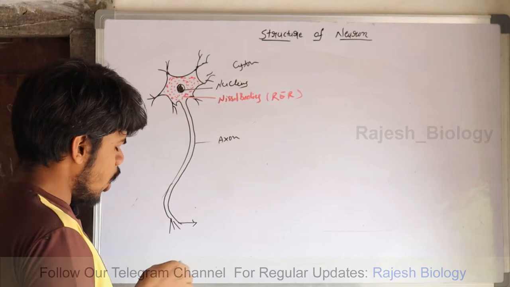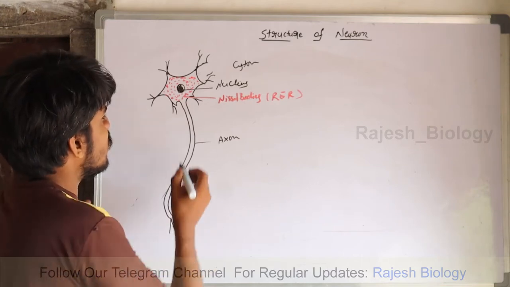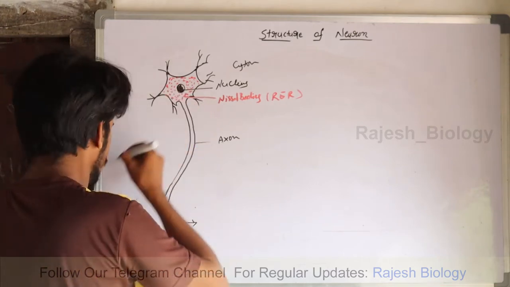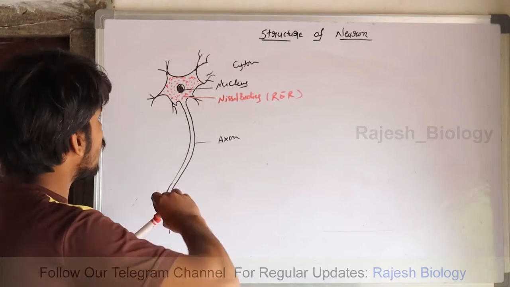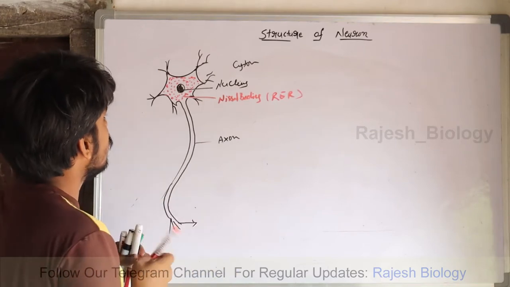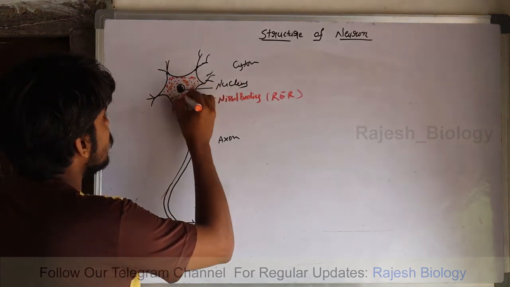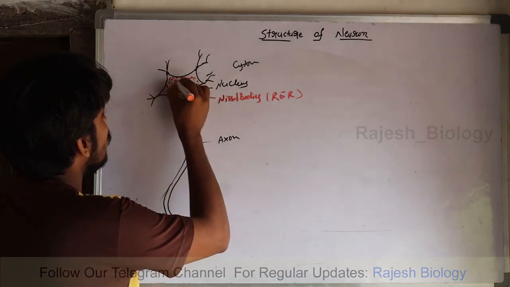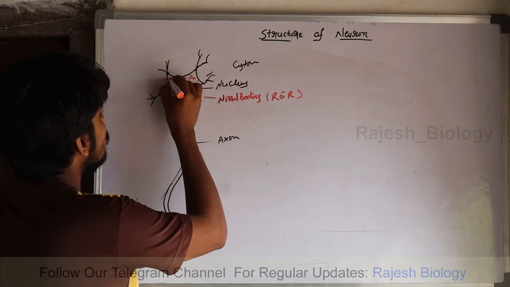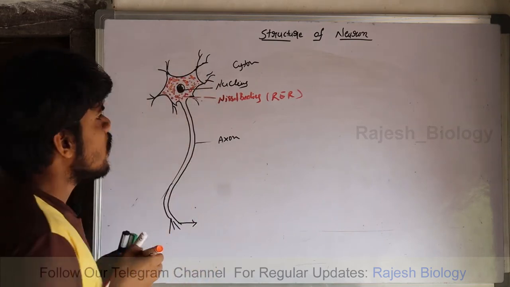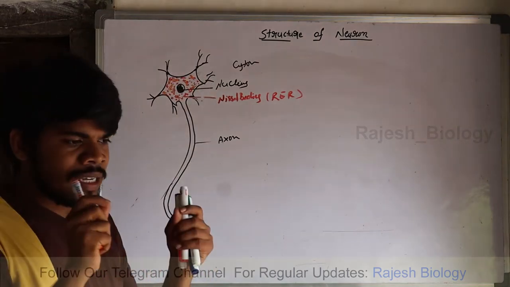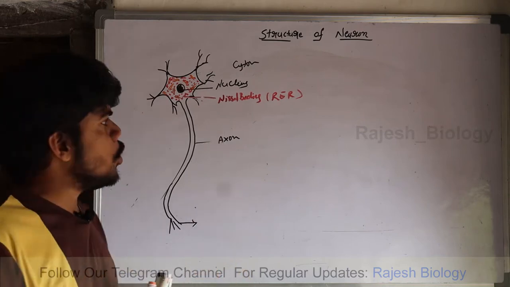And along with the Nissl bodies, there are some neurofibrils. These are the neurofibrils. What is the use of neurofibrils? Neurofibrils are nothing but cytoskeleton. They provide shape or structure to that neuron.